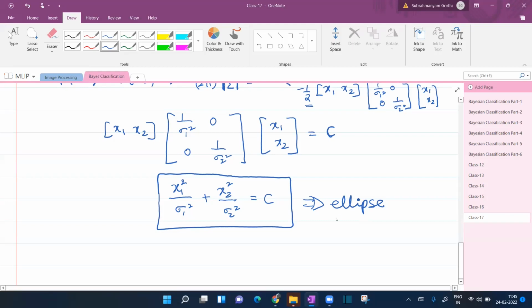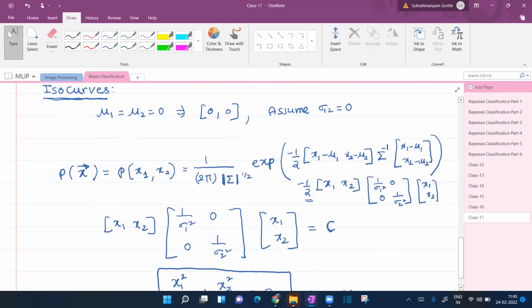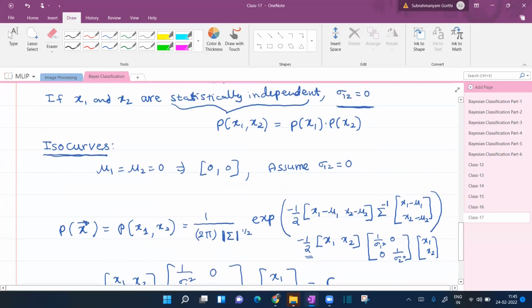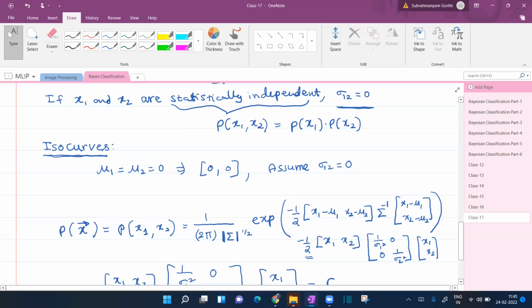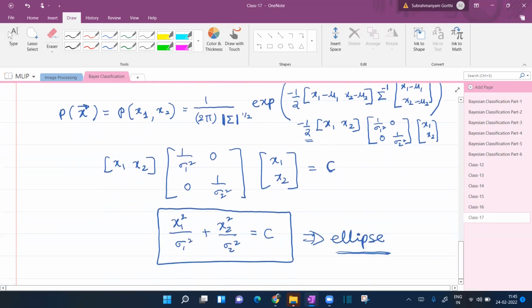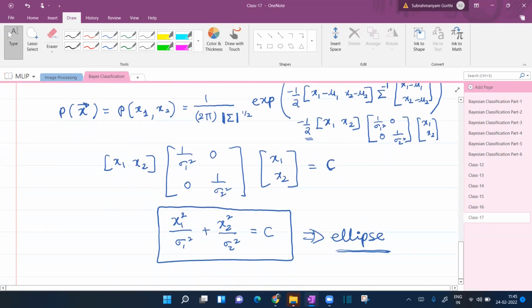So what's the message here? What is the inference that you could draw here? Can you put it into a single statement, a summary of what I have done for isocurves here, the conclusion that I could draw?